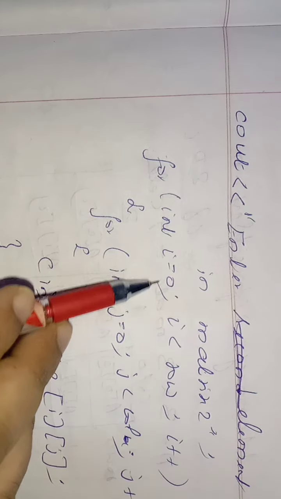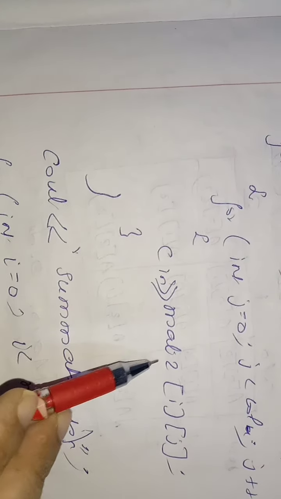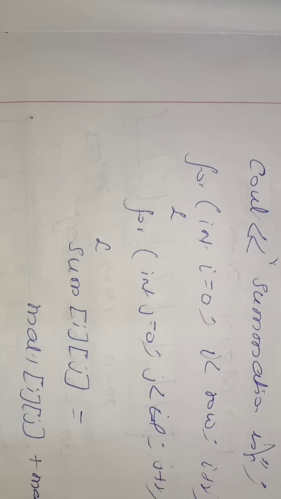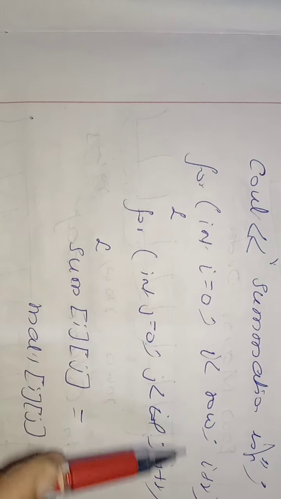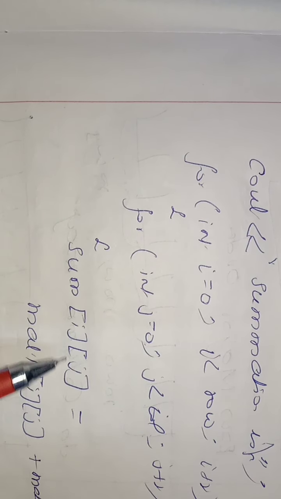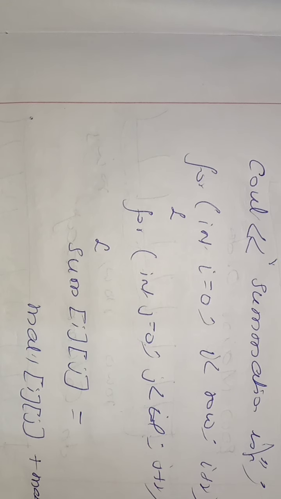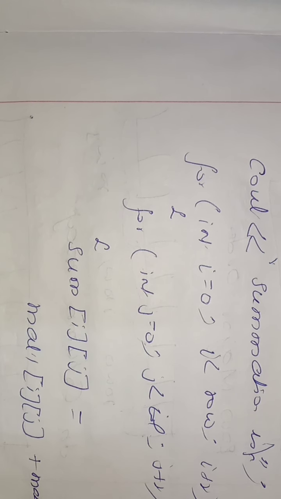You keep a for loop for row and column, and then read into matrix 2 instead of matrix 1. Now the summation starts. The mechanism is: for i equal to 0 to row, and for column, sum of i comma j equals matrix 1 of i comma j plus matrix 2 of i comma j.